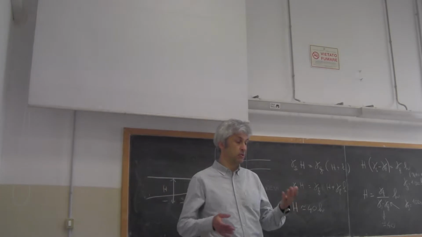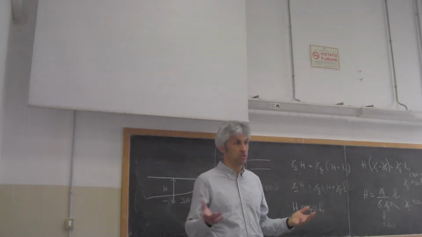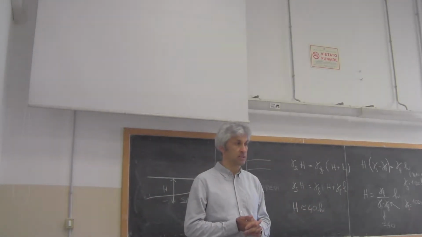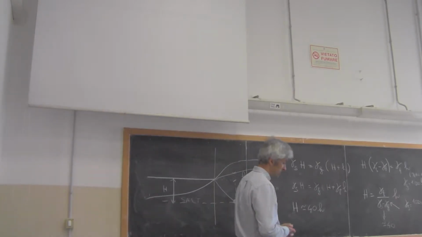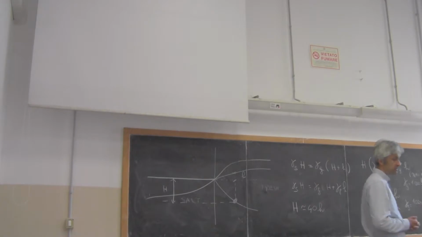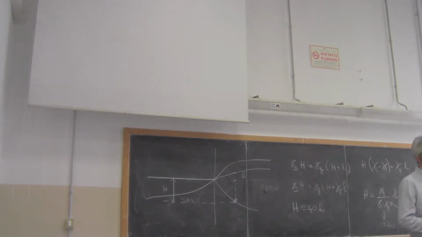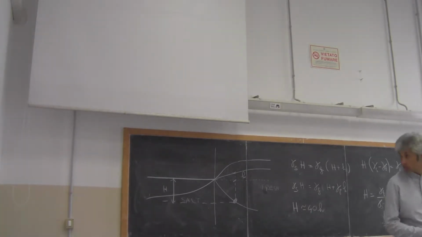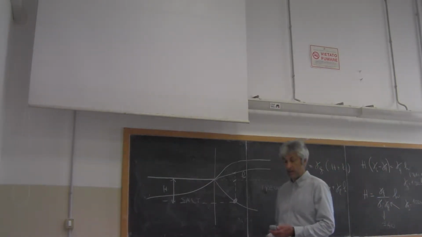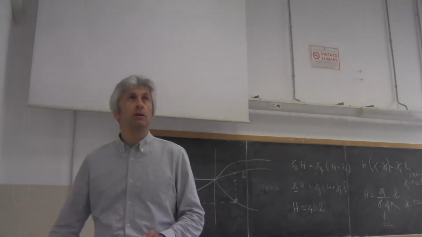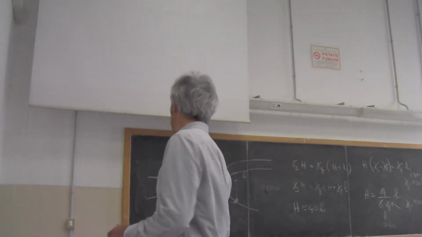And now the best thing to do is to make an exercise in order to check what happens. The exercise is actually very easy, but I think it is very useful. Okay, at this stage we can turn this on. And let's try to introduce an exercise.